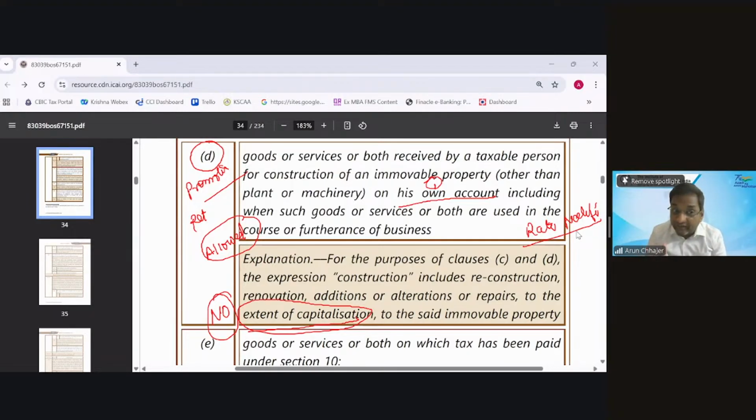So my dear friend, ITC is not allowed, not because it is blocked in 17.5. No, it is not blocked. It is permissible. It is blocked or not available because of the rate notification. Is that clear to you? Fine.